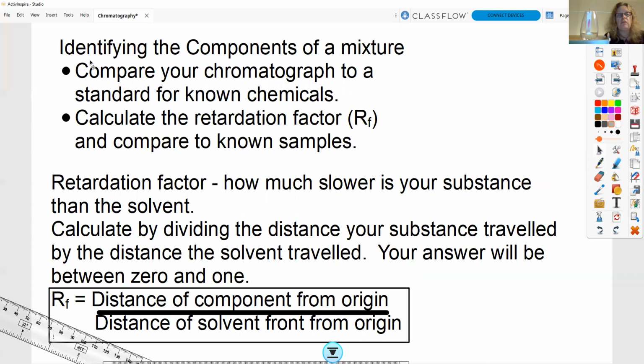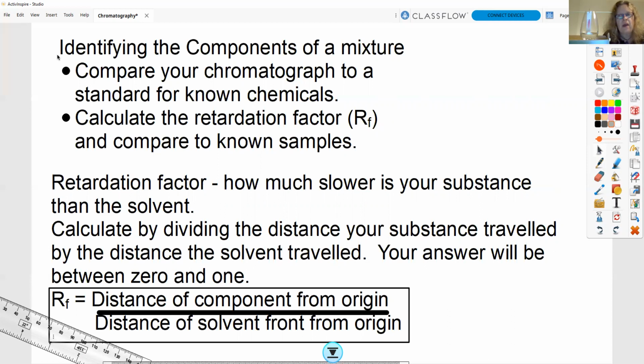So to identify the components of a mixture, you can make a chromatograph of the stuff that you find, and you can compare it to a standard for a known chemical. So you can say, yes, I know that this substance here is banned steroid number 76 or whatever.